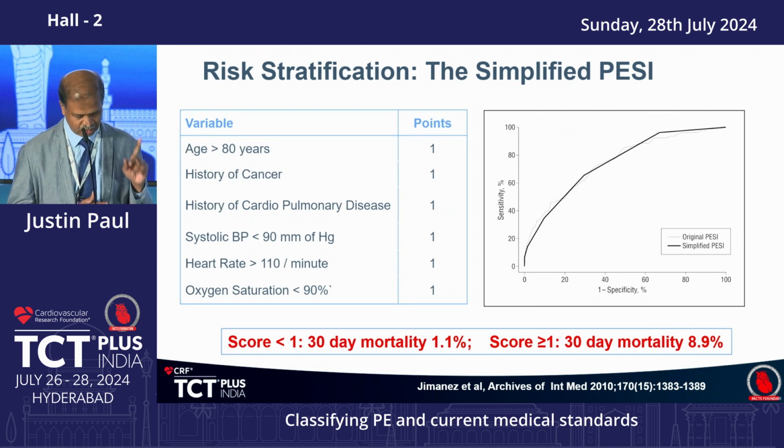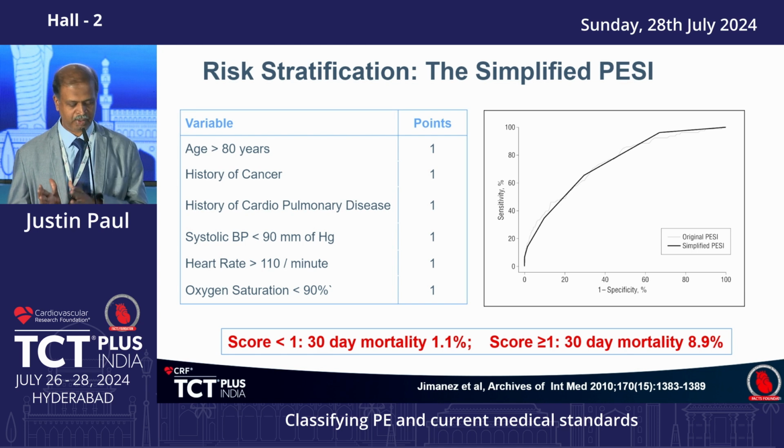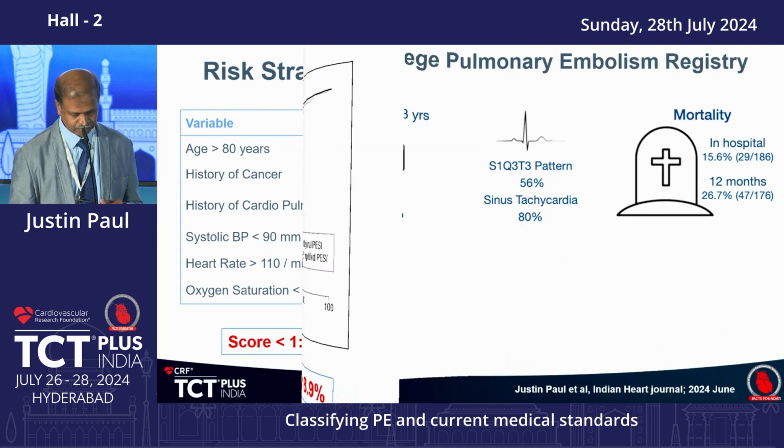As you can see, with a score of 0, the 30-day mortality is 1.1, whereas with a score of more than 1, the 30-day mortality is 8.9. And they found that the original PESI and the simplified PESI were equal. In fact, the area under the curves was similar in this study.